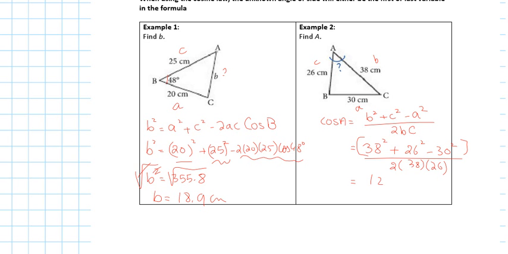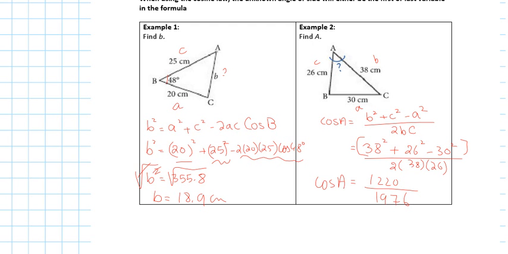Okay. What would be 2 times 38 times 26? It's 1,976. Okay. Now, this is cos A. Now find 1,220 divided by 1976.